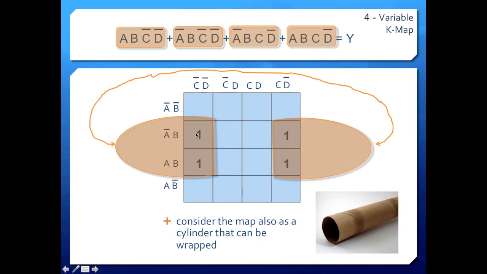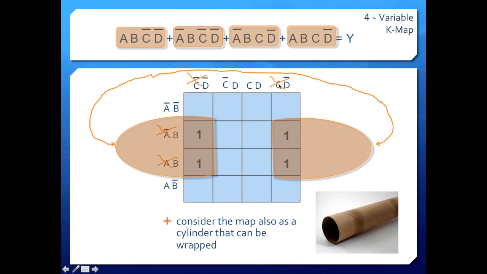So let's look at the first part. Now this is, again, keep in mind, a group of four. So if I look at this in a vertical way, I am left with this. B's are the same, but A and A naught are complements, so I can eliminate those. And if I go up at the top and look horizontally, I'm looking between C naught and C that I can eliminate.